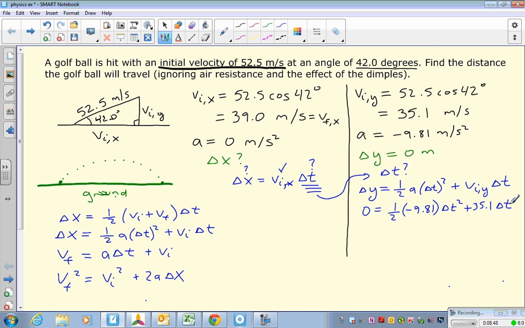So if you notice, this is a quadratic equation. It's quadratic because we have a square on my variable delta t, and I have another delta t that's being added in addition to that. So in math class, you learned the quadratic formula, and some of you may have thought that you would never use it, but here we're going to use it in physics.